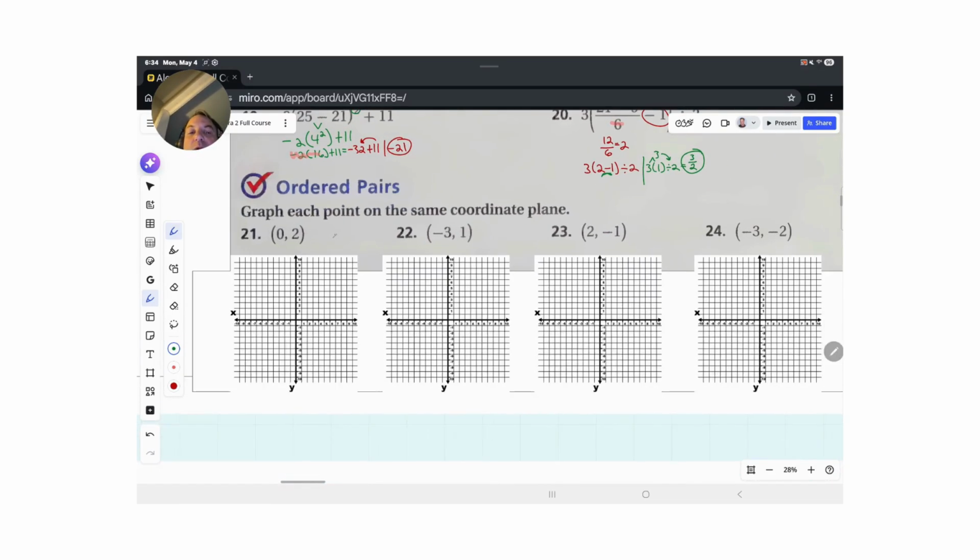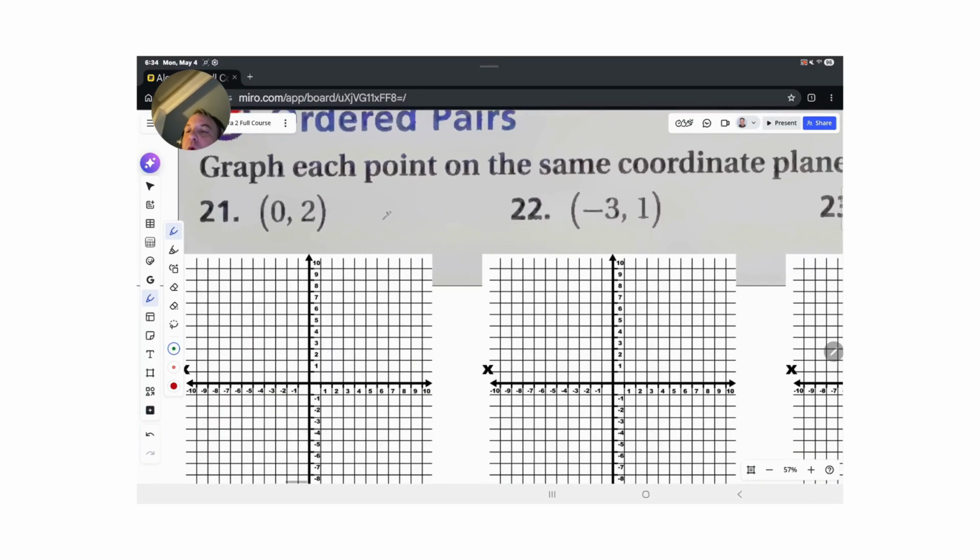All right, so here we're just going in our first brush up to make sure that we remember what it is. We're going to just graph each point on the coordinate plane, right? So let's go ahead and begin with 0, 2. So for each ordered pair, the first coordinate tells us where to move horizontally from the origin, and the second coordinate tells us where to move vertically, because in the pair, order matters, right?